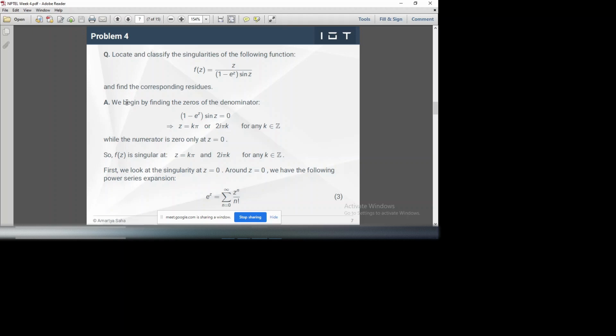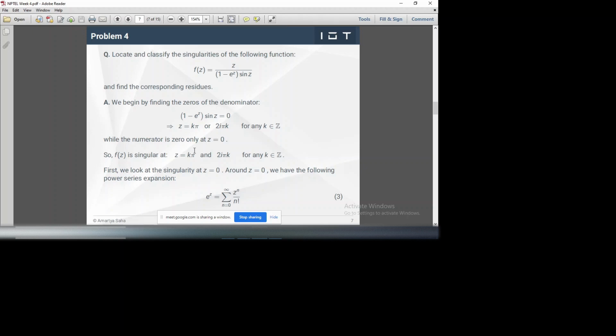Now as a side step, we note that the numerator is 0 only at z equal to 0. Since the denominator is 0 at these positions, f(z) is singular at z equal to k pi and z equal to 2 pi i k for any k belonging to the integers.